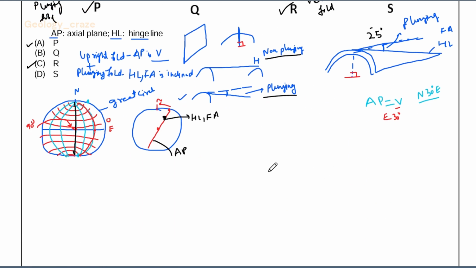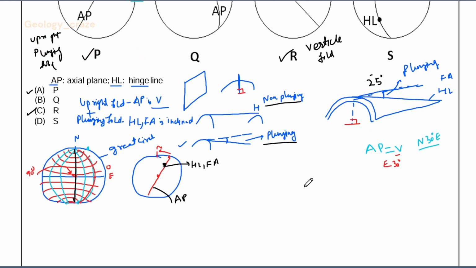So for vertical fold, look at this carefully.